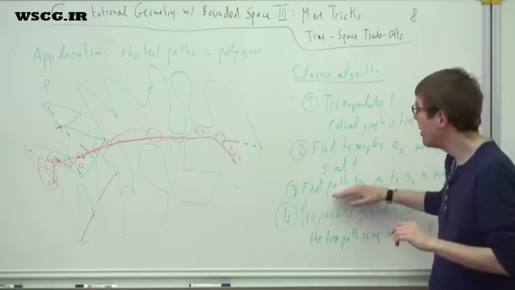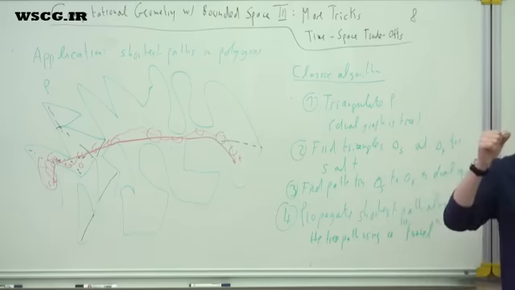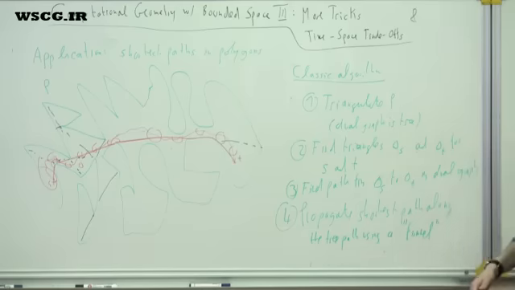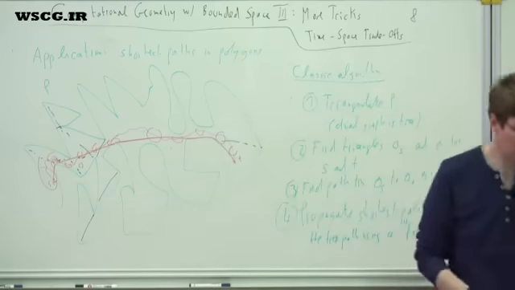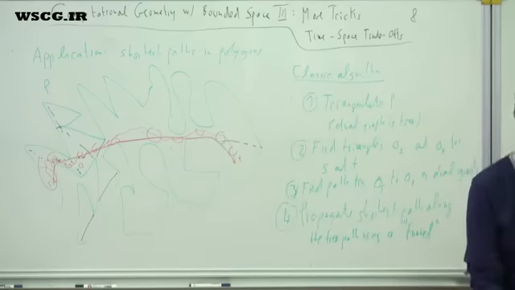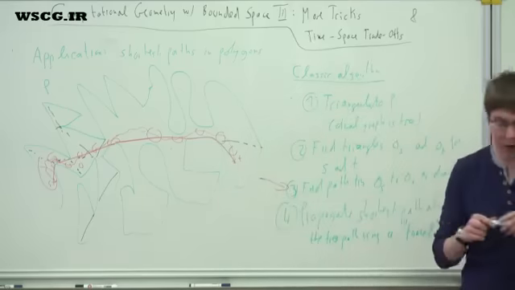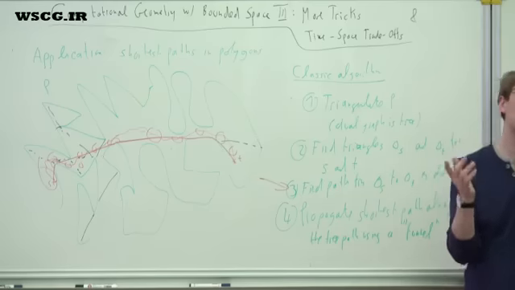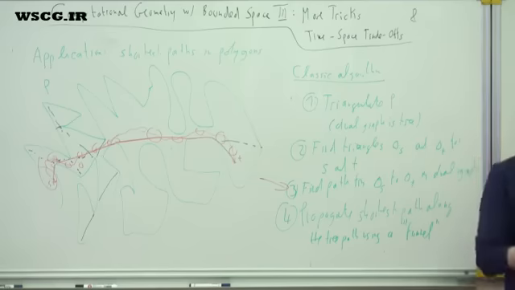And now here, this is the crucial part. We want to find, in the dual graph, the path from S to T. And here exactly we can use our algorithm for the shortest path in trees that I described before. So here we can use our algorithm to generate this path. The only difference is now we don't have the tree stored explicitly as an adjacency list, but we need to generate the neighbors of a node in this dual tree on the fly.